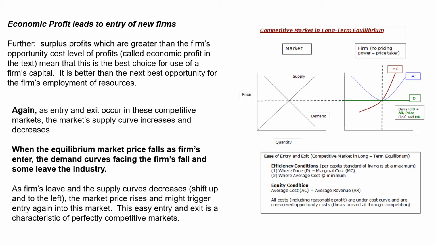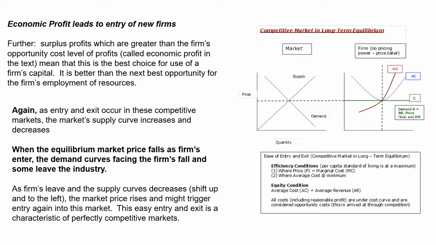So again, as entry and exit occurs in these competitive markets, the market supply curve increases or decreases: it shifts to the right for an increase, to the left for a decrease, okay? So when the equilibrium market price falls as firms enter, the demand curve facing the firms falls and some leave the industry.